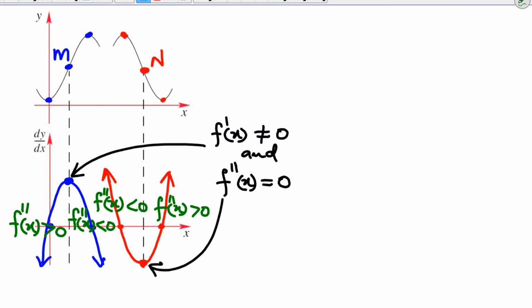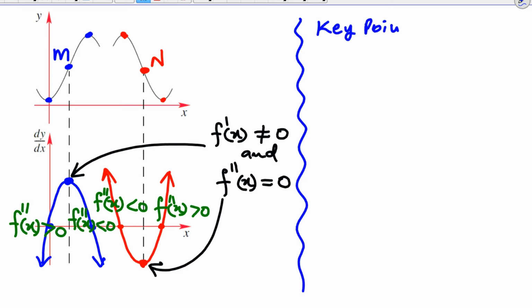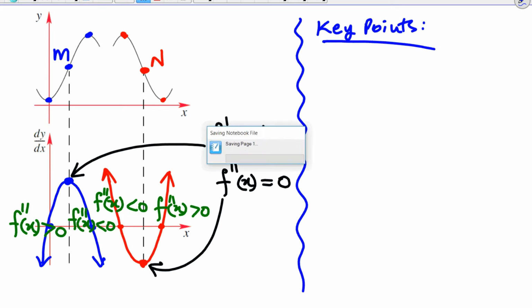So we can write our conclusions here. We call them our key points. Now, what are our key points?